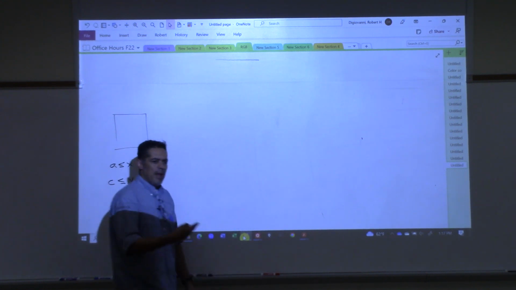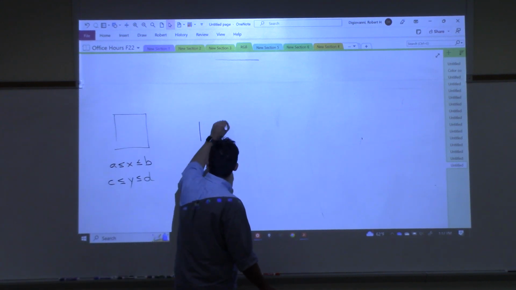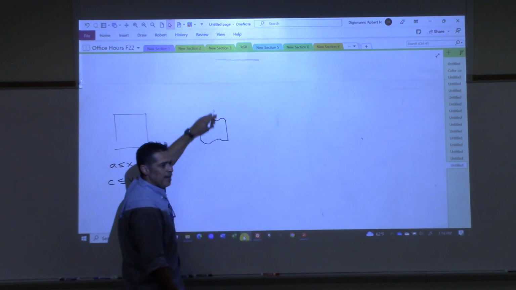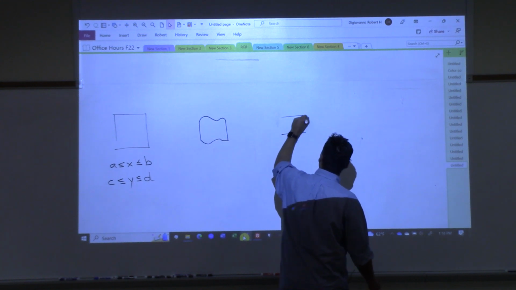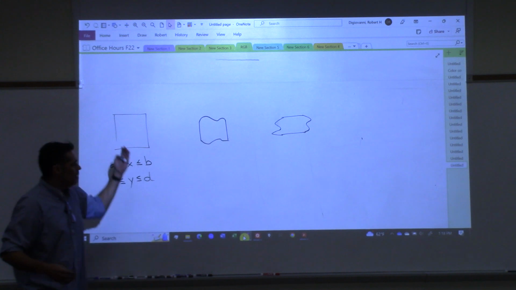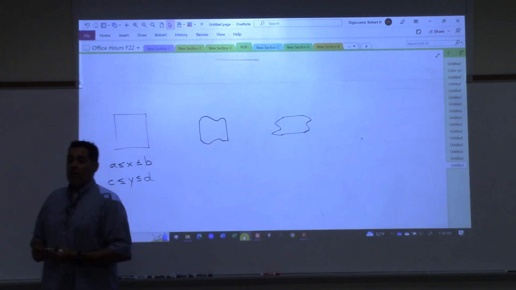right? And then from there we moved to a type 1, where you had your x's between 2 constants, but your y's were between 2 functions of x. And then we had type 2, where your y's were between 2 constants, and your x's were between 2 functions of y, right? That's what we looked at. Rectangle, type 1, type 2. Well, now we went to polar, right?